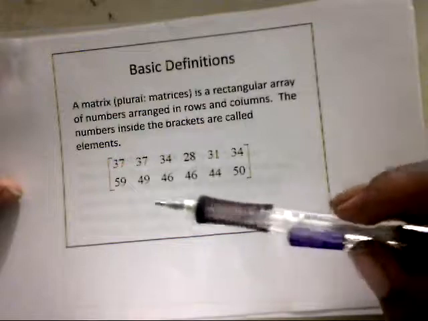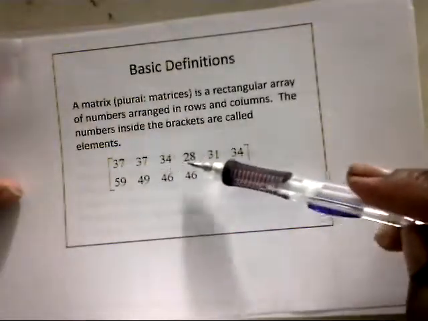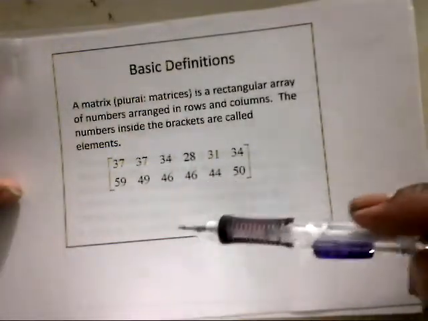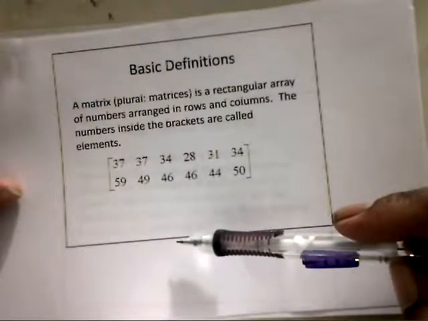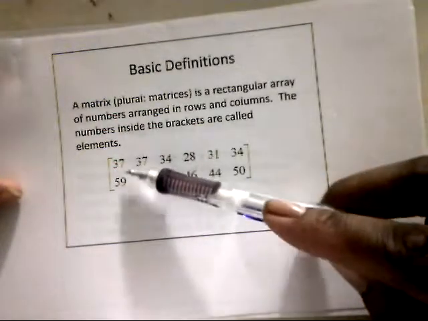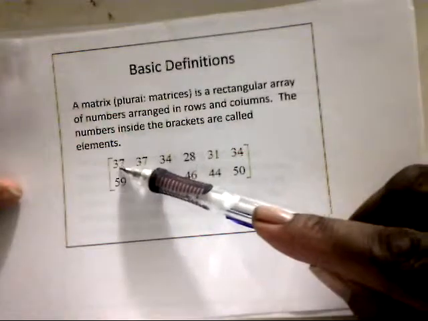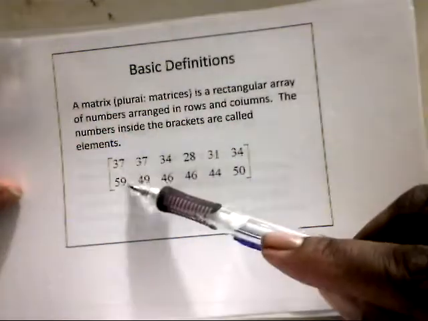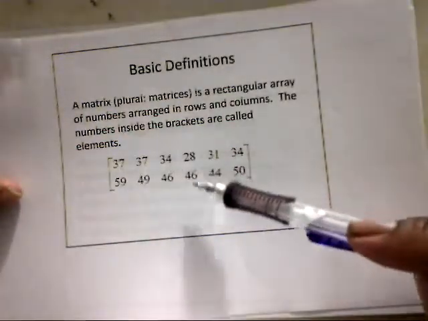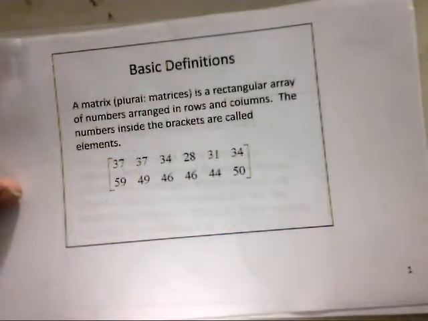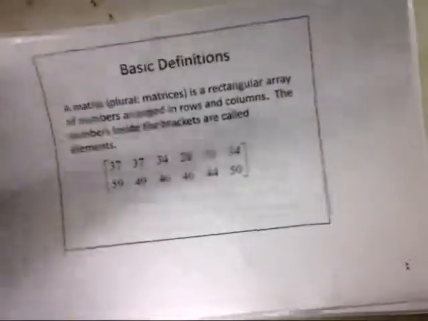It's called an element. So each of these individual numbers is an element of this particular matrix. And of course, it's in rows and columns. So here we have a 2-row, 6-column matrix. 2 rows, 6 columns. That's called the dimensions of a matrix.